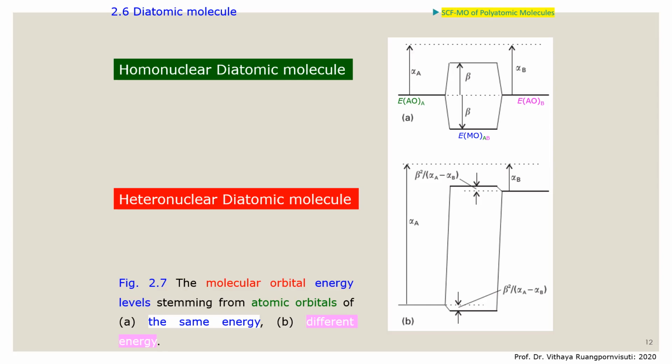The top one is the homonuclear diatomic molecule, for example hydrogen, nitrogen, and oxygen gases, which are uniform. The lower image belongs to the heteronuclear diatomic molecule, such as carbon monoxide and nitric oxide, which are non-uniform.